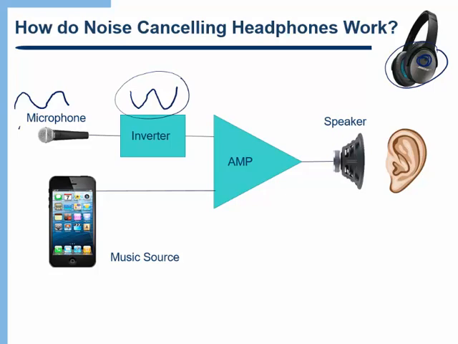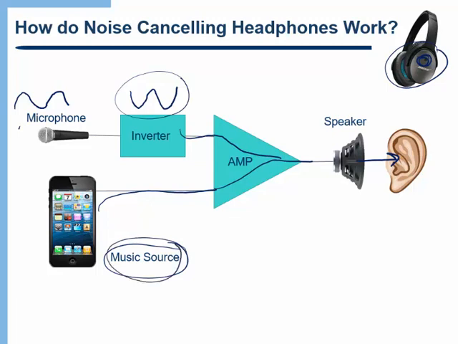Then it takes the music that you're playing and adds to it the inverted sound wave from the outside noise. So now what's coming out of the speaker and going into your ear is actually the music and an inverted version of the noise.